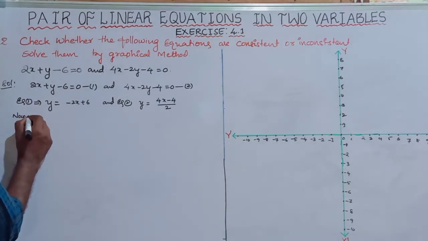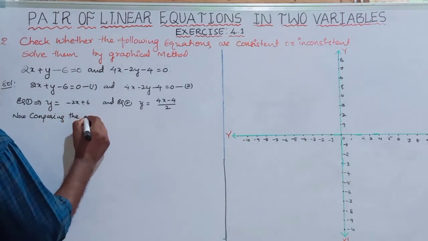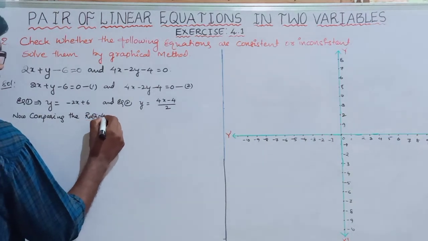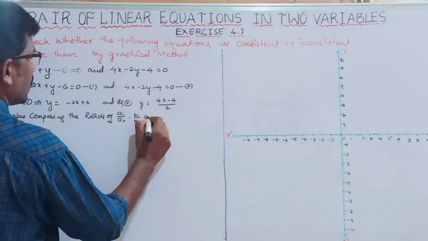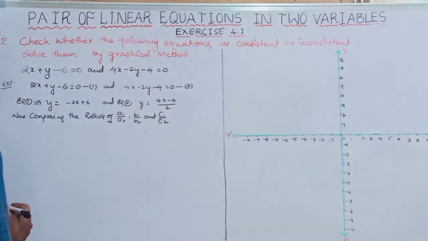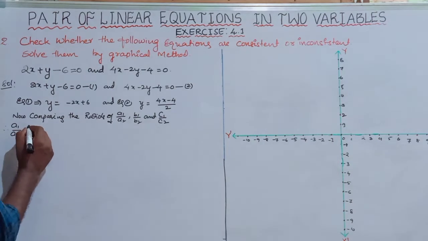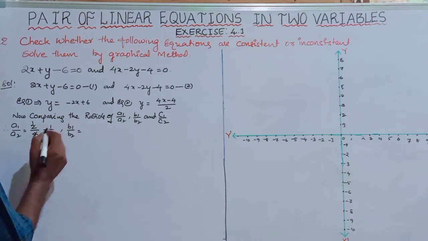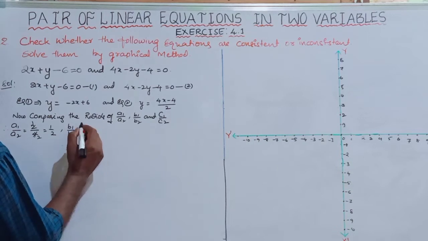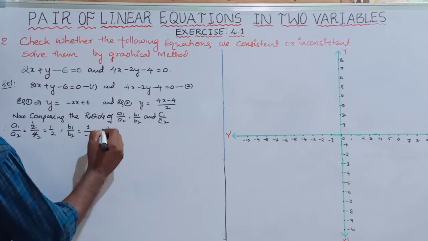Now, comparing the ratios of a1 by a2, b1 by b2 and c1 by c2. Therefore, a1 by a2 is equals to 2 by 4. By simplification, 1 by 2. b1 by b2 is equals to 1 by minus 2. It is equals to minus 1 by 2.